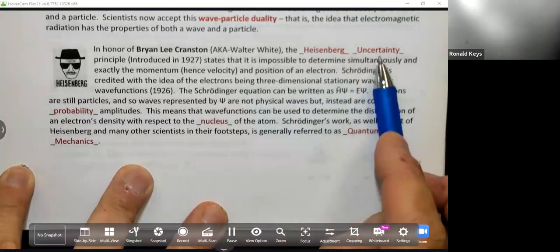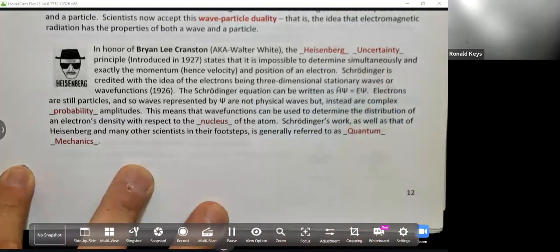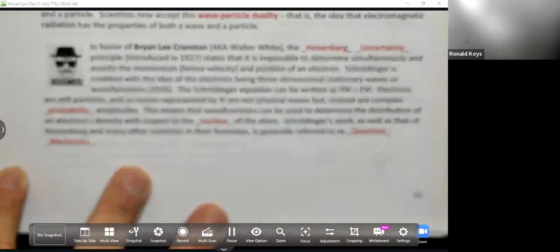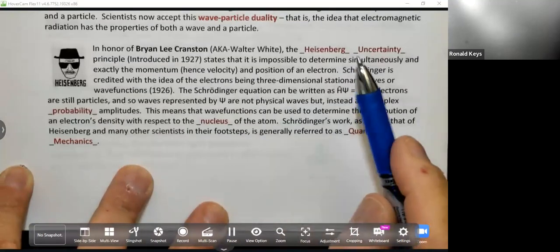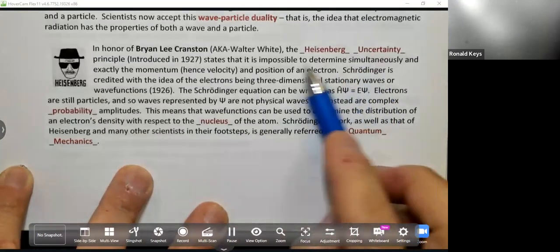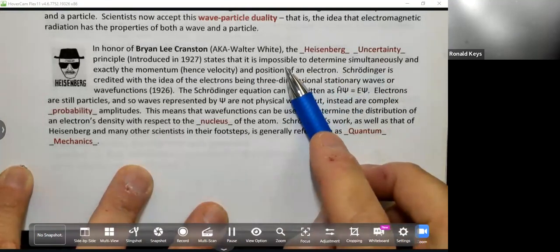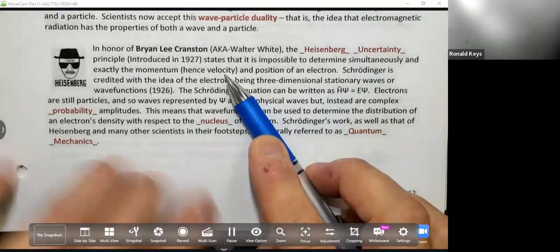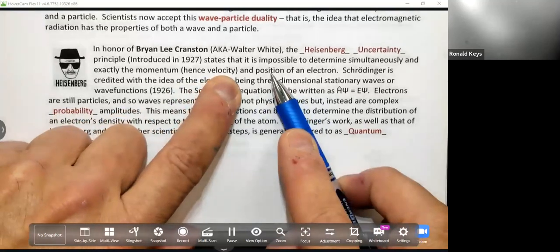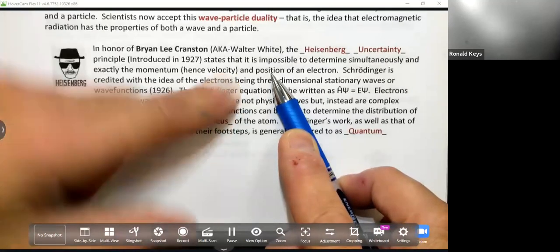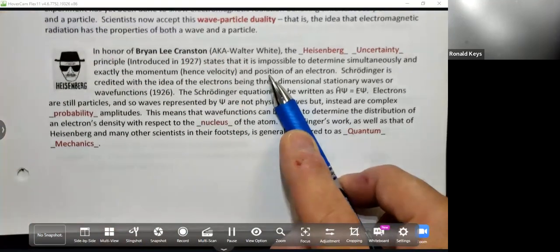So the Heisenberg uncertainty principle basically is this. We know the electron is moving around the nucleus. And the Heisenberg uncertainty principle is there is no way to know the speed and location of the electron at the same time. No way. So that's basically the Heisenberg uncertainty principle.